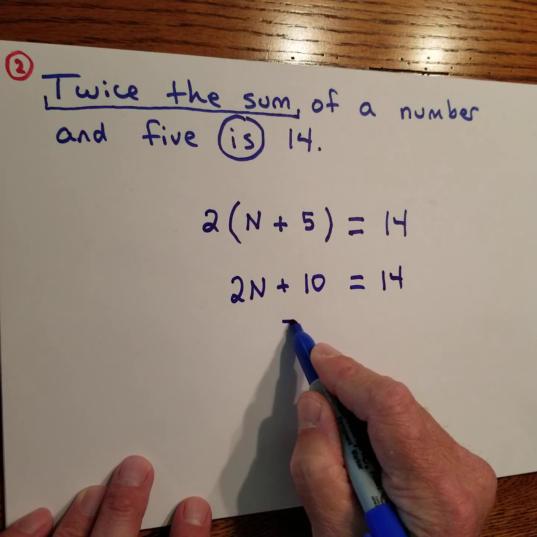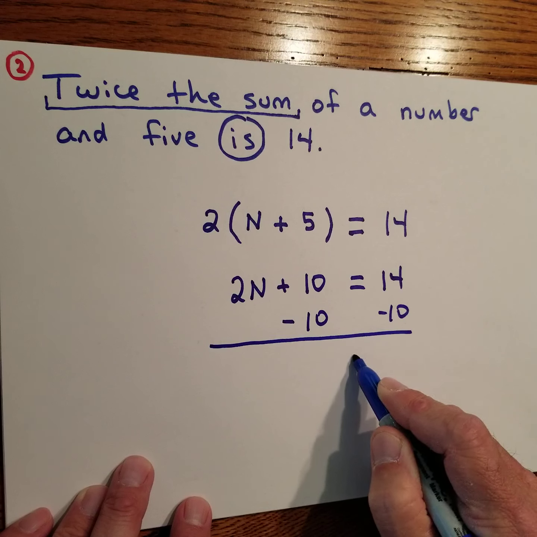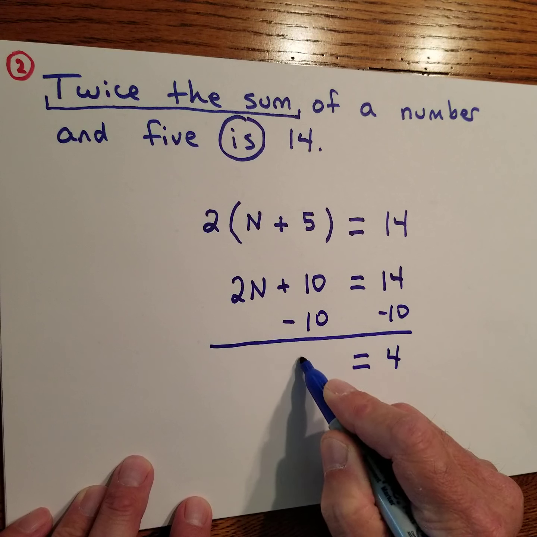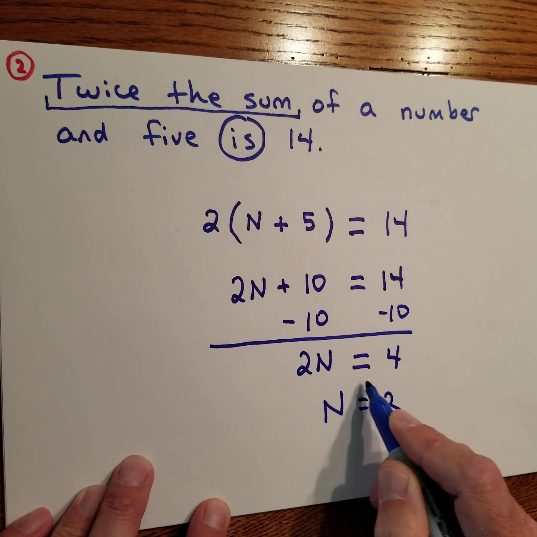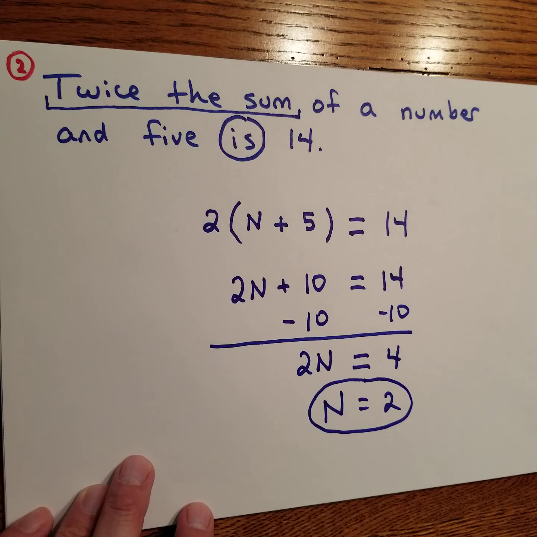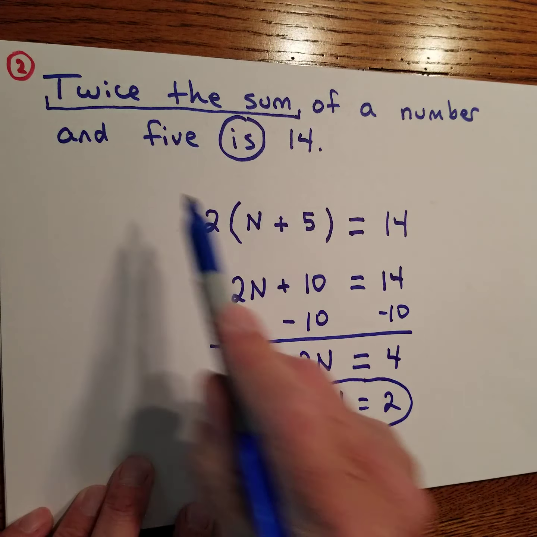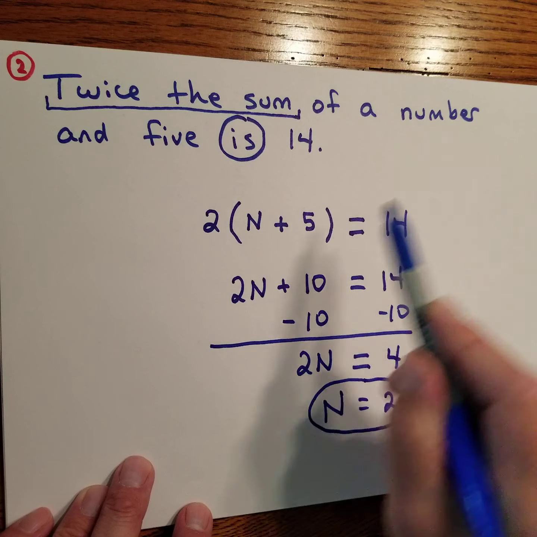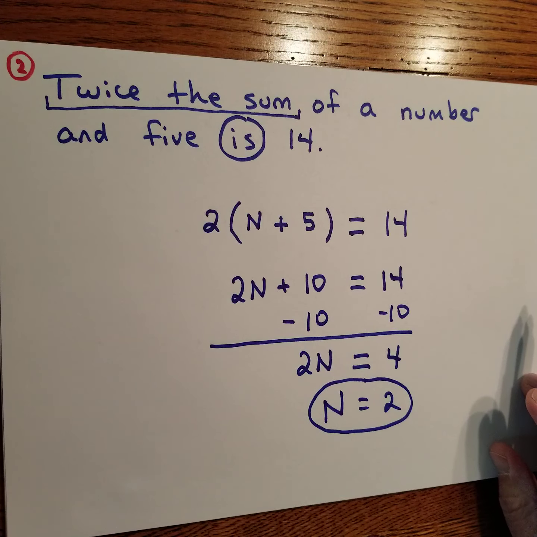The inverse of addition is subtraction. And 4 divided by 2 is 2. Great. When you work your homework, no need to write this sentence out. You read that sentence in the book, you translate it into an equation, then solve.